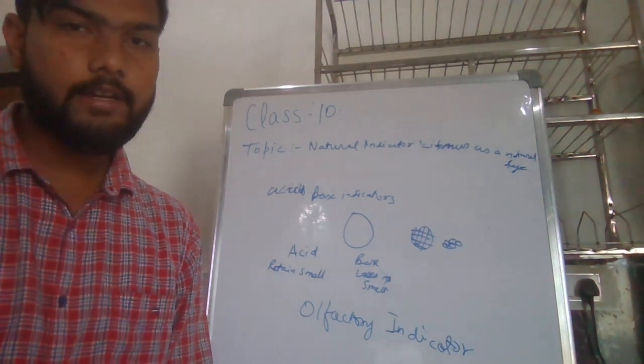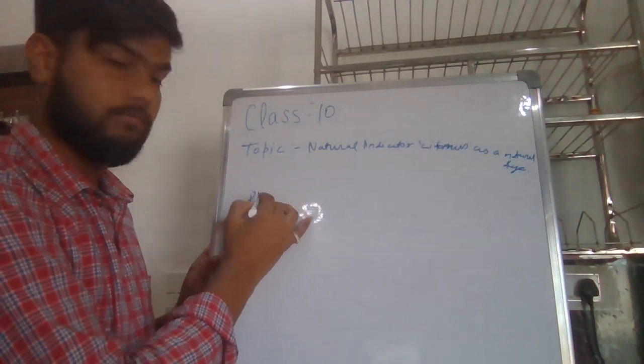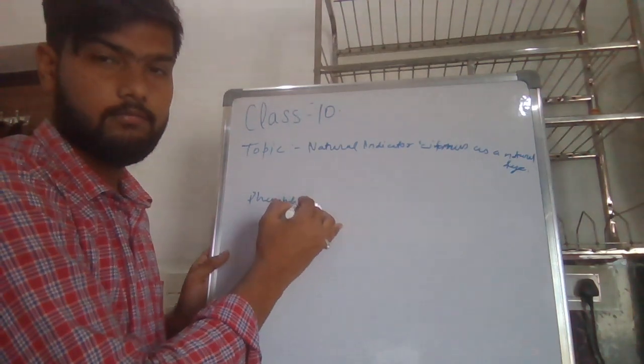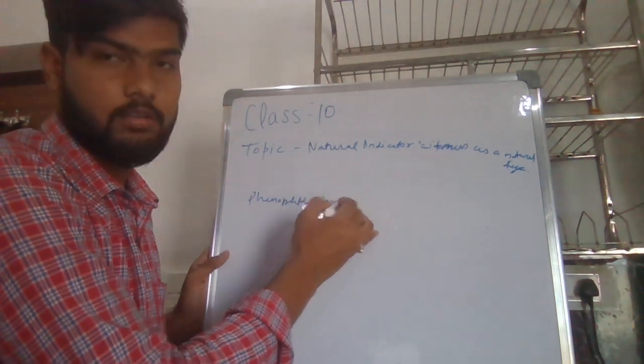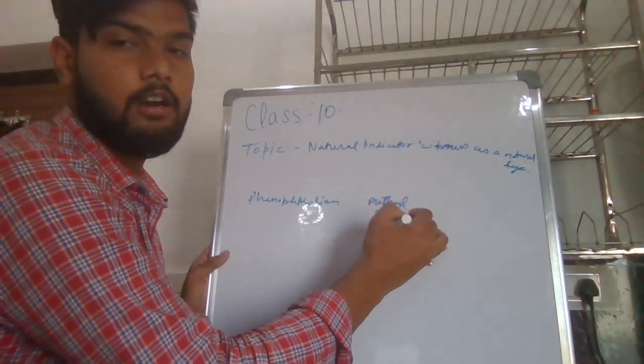I am writing here on the whiteboard: first phenolphthalein, second methyl orange, and third methyl red.